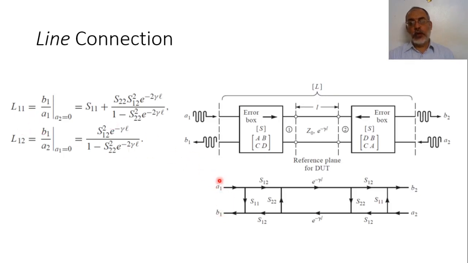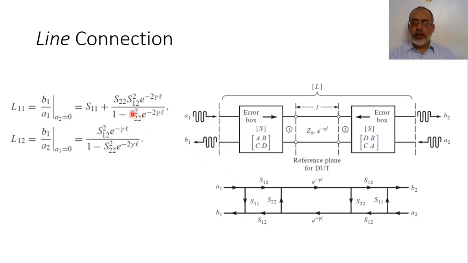L11, which is B1 over A1, is given by S11 plus S12 multiplied by e to the power minus gamma L, multiplied by S22, multiplied by e to the power minus gamma L, multiplied by S12.